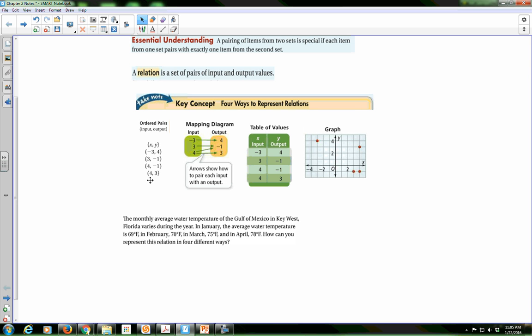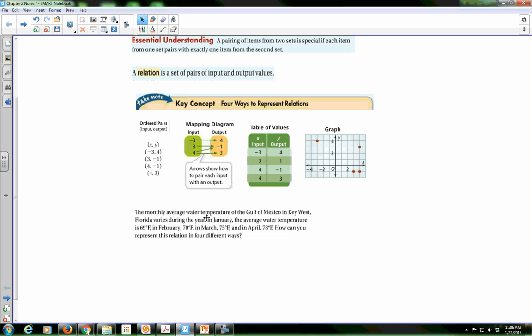So put a circle around ordered pairs, and in this case it would be a bit of an oval, and then put a box around graph, since those are 2 of our more typical ways that we represent it. So when I check your notes, you'll have an oval around ordered pairs and a square around graph. All right, let's do this problem.